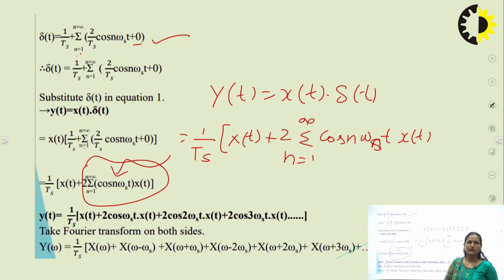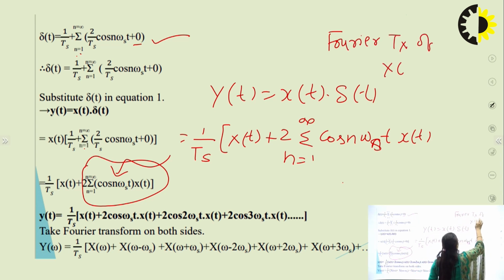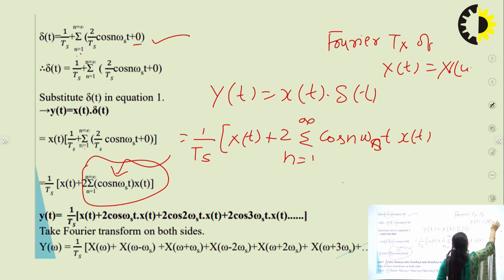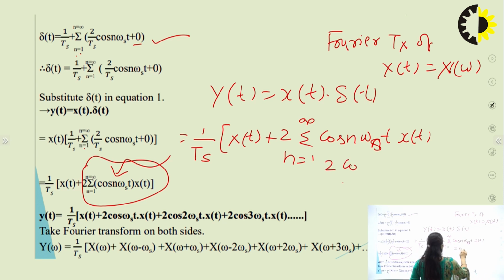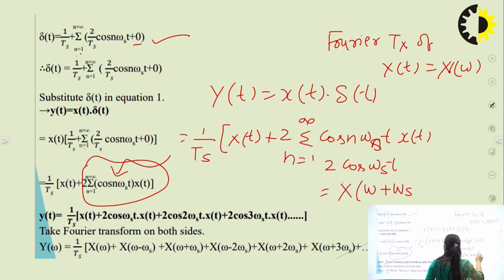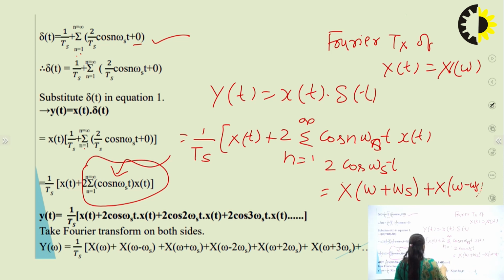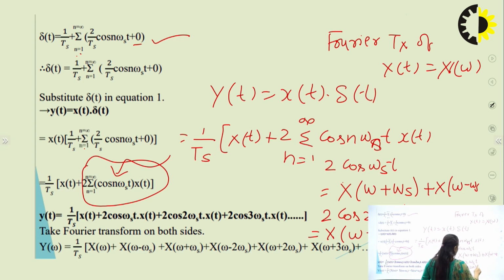When we take the Fourier transform of these terms, as we know, the Fourier transform of x(t) is equal to X(ω), right? The Fourier transform of 2cos(ωs t) x(t) is equal to X(ω + ωs) plus X(ω − ωs). In a similar way, the Fourier transform of twice cos(2ωs t) x(t) will be X(ω + 2ωs) plus X(ω − 2ωs). Okay.